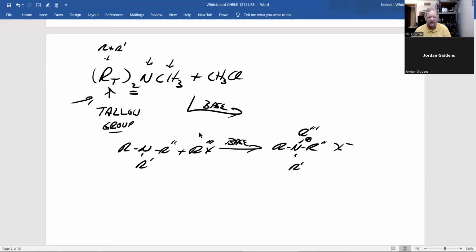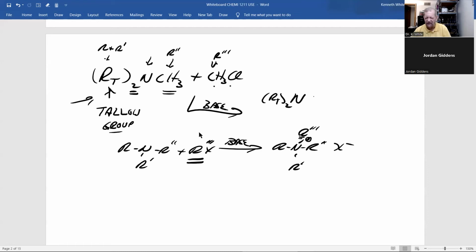The methyl group here, I'll call R double prime. Ooh, carbon with a halogen, alkyl halide, I'll call that R triple prime. So what do we get? Nitrogen. There are two R sub T. Now notice you have one methyl group and the other, the R triple prime, is a methyl.